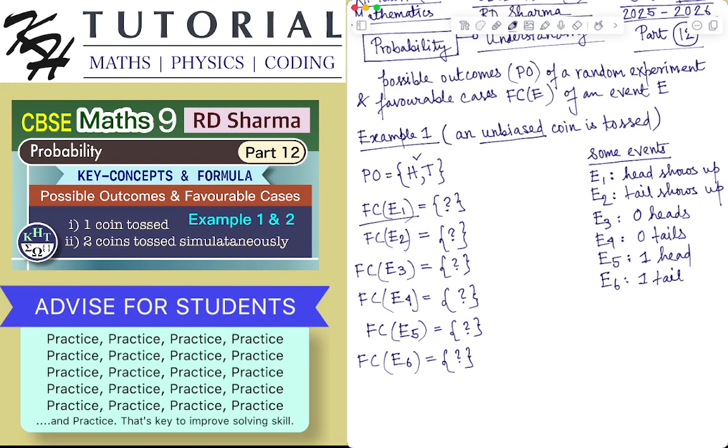FC stands for favorable cases. FC E1 means the favorable cases out of all the possible outcomes that satisfy the condition of the event E1. So I will now fill up this set. Head shows up. Of all the possible outcomes, the only outcome that satisfies the event E1 will be head.